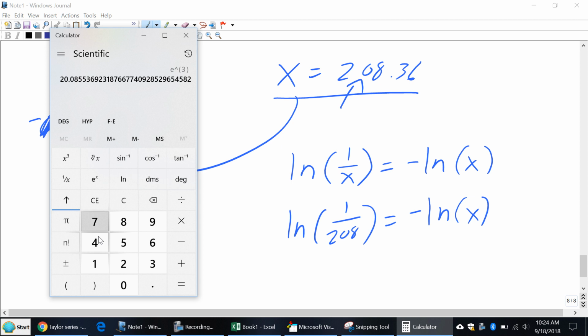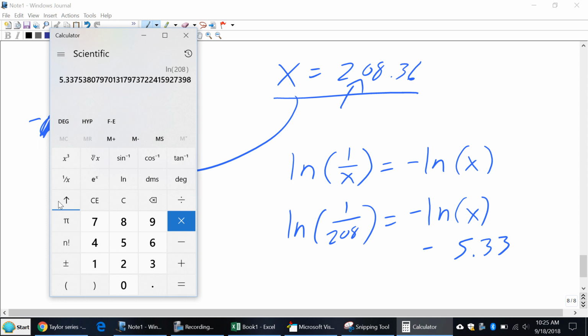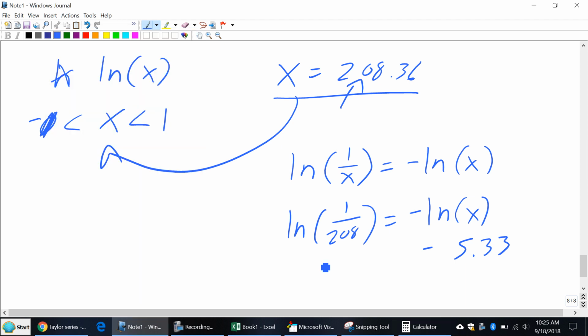Let's take the 208 and take the natural log of that, and I get about 5.33. So we'll take the negative of that. Now I'm going to take 1 divided by 208, and take the natural log of that. So look what I get. I get negative 5.33.